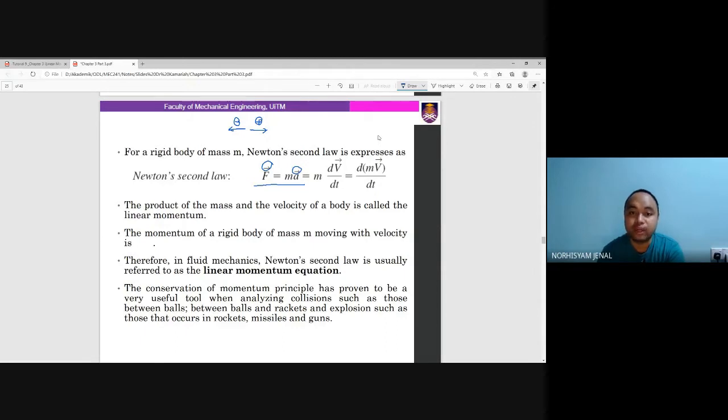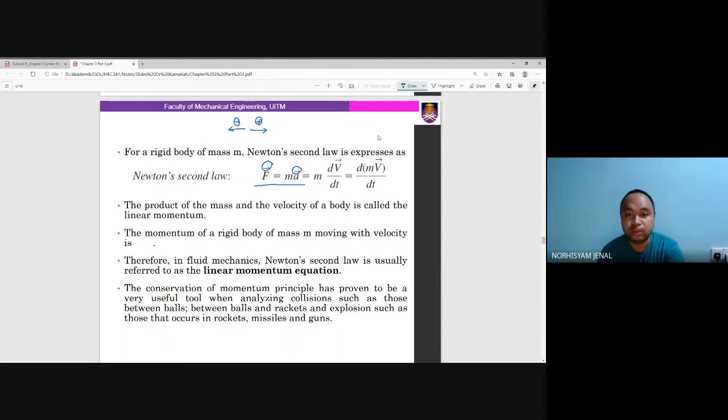If we rearrange the equation, we get it in terms of m dv over dt. When you have a dt down here, it means the study is in terms of rate of time, and it becomes d(mv) over dt.